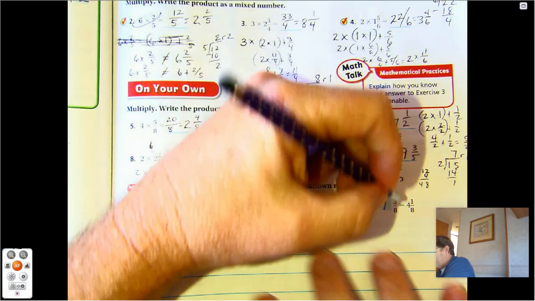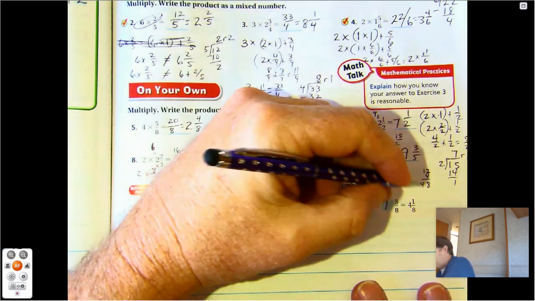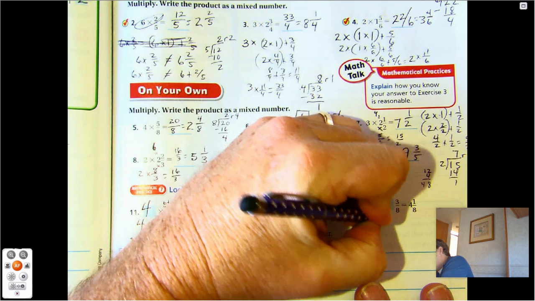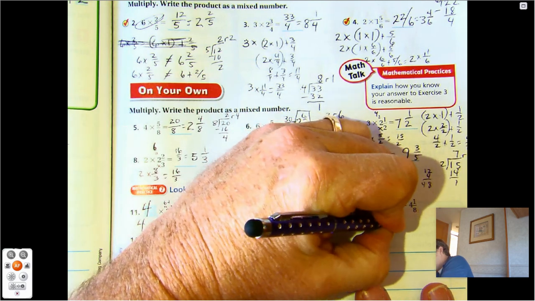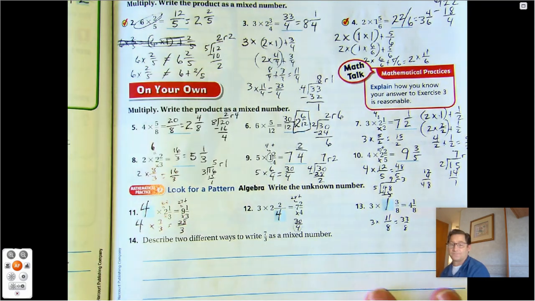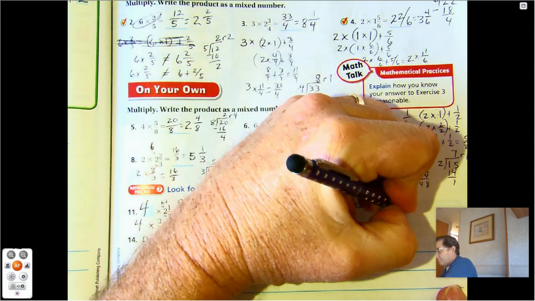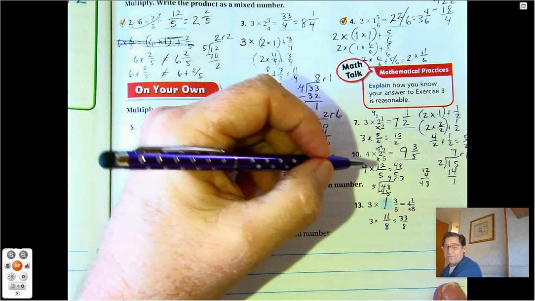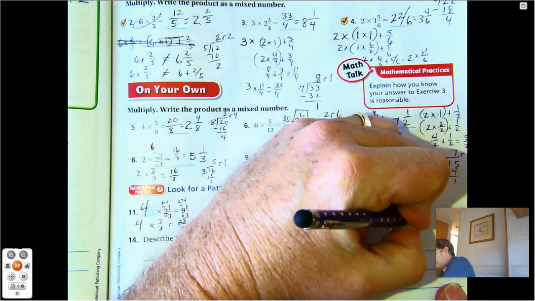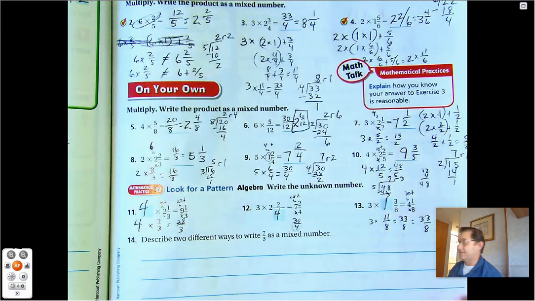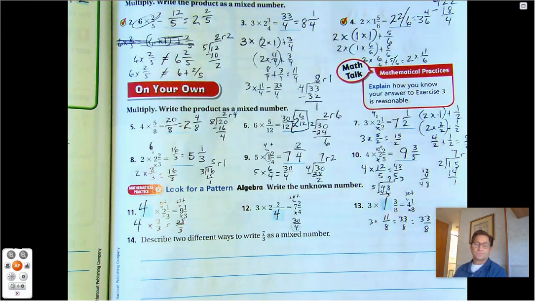And we can confirm that 8 times 1 is 8 plus 3 more is 11/8 times 3 will give us 33/8. 4 whole numbers would have 8 parts in it in this problem. So 32 plus 1, 33/8. So that is correct.